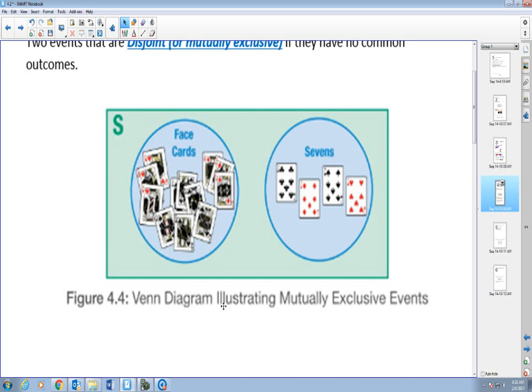So for example, this Venn diagram shows the card 7s and all the face cards. Well, there's no common outcome between all the face cards and the 7s.